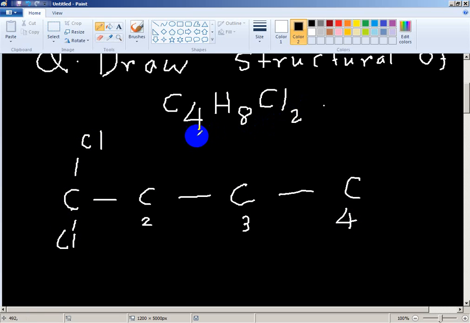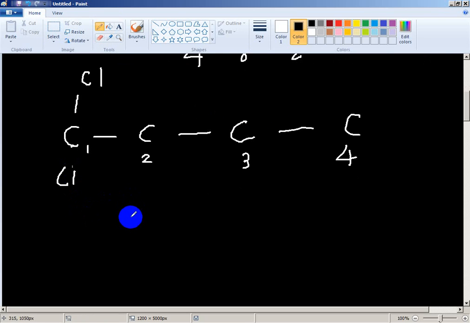At first, carbon and chlorine I make change. So I put chlorine in the first position. This is the one. Now this is one isomer.